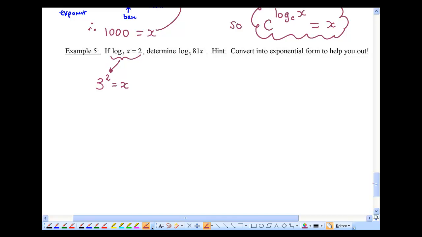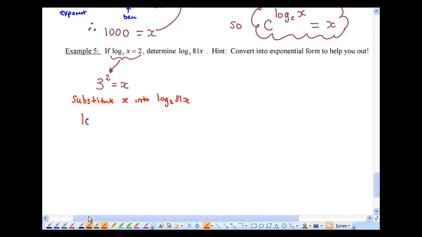Well then, after that, you have many ways you can do the next one. What do you think you can do? Some might say, hey, why don't you just substitute x into there? Sure. So substitute x into the log base 3 of 81x expression.